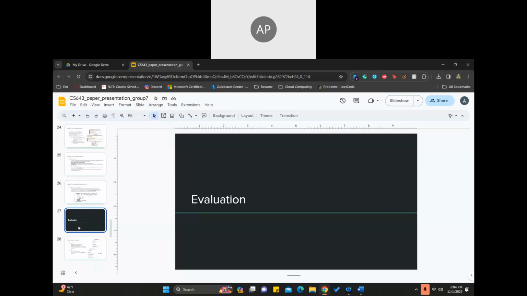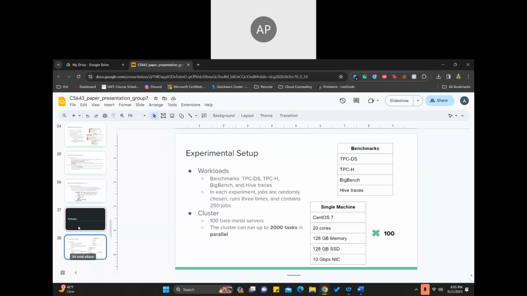So we can go to the evaluation section. To experiment with this scheduler, they used a cluster of 100 bare metal servers and 4 benchmark workloads. Each experiment's jobs are randomly chosen, and they ran it 3 times, each containing 250 jobs.